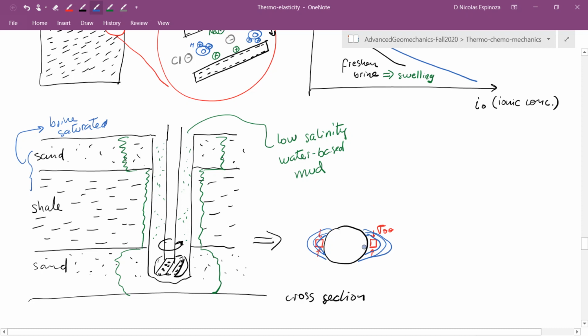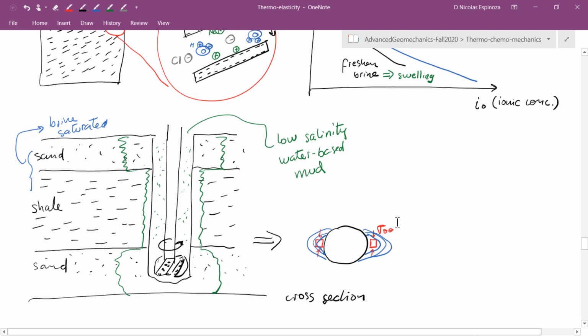And not only that, but sometimes the swelling can also cause the weakening of the rock itself. So it's not only that the hoop stresses increase, but also the rock is going to get weaker.